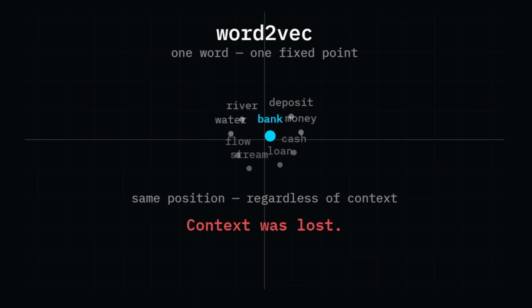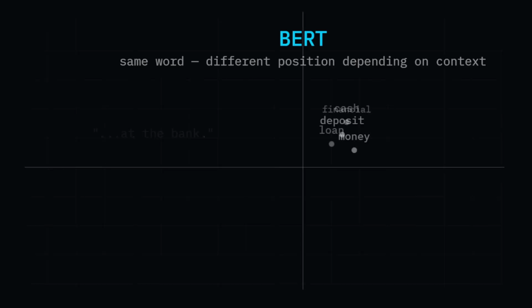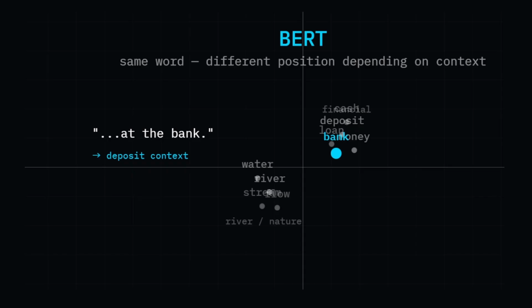In 2018, a model called BERT changed that. BERT generates a different vector for the same word depending on the sentence around it. Bank near deposit lands in one region. Bank near river lands somewhere else entirely. Same letters, completely different meaning, completely different position.